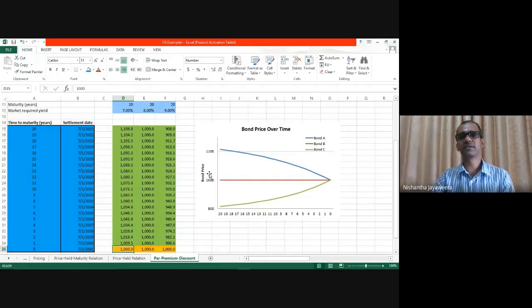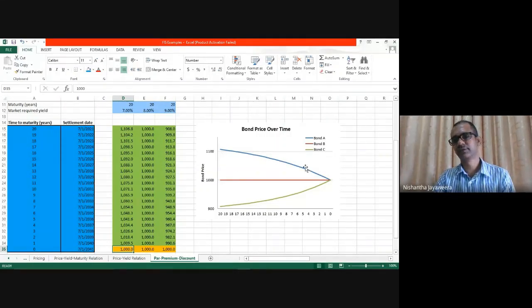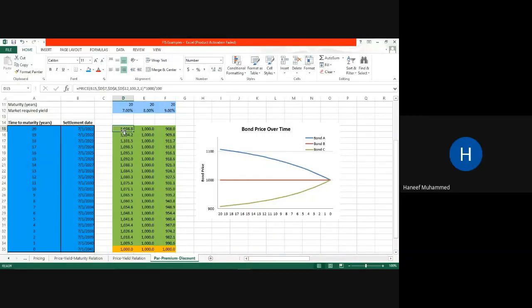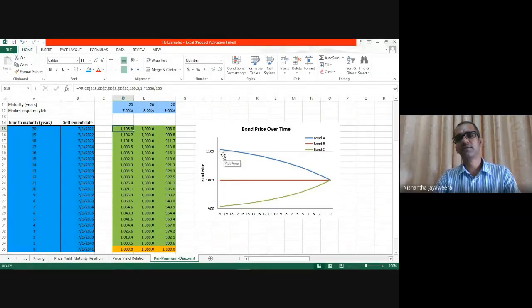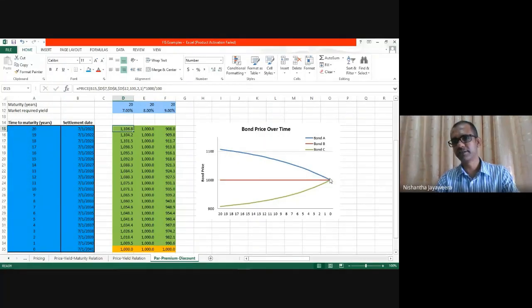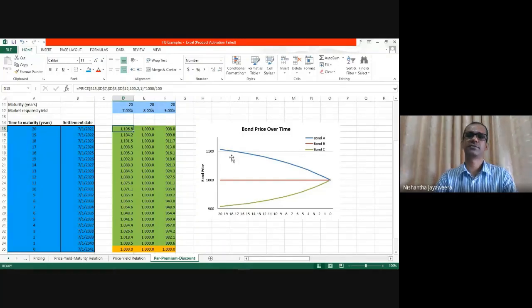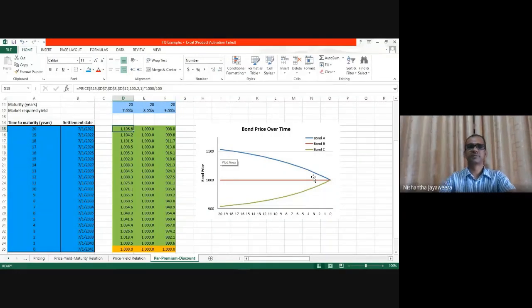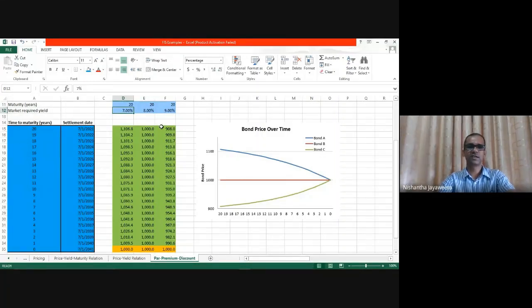So that is what it shows here. When the bond is issued at a premium and yield remains unchanged, then as it approaches maturity, the price starts to decrease, and on the maturity date, it reaches par. Assume no change in the yield. Still 7% yield. Clear?